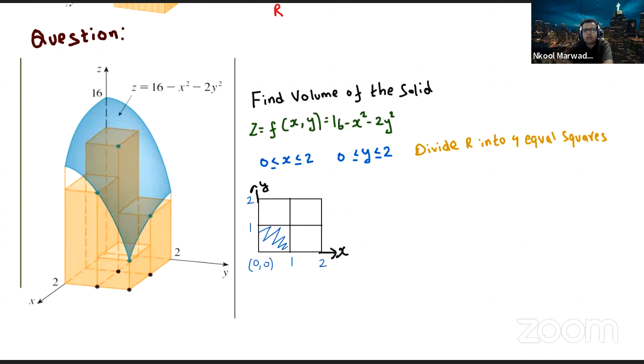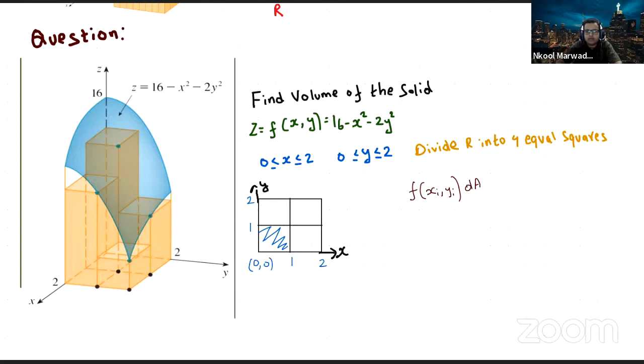Now I know how to calculate the volume. To calculate the volume, I will write f of xi comma yi into dA. What is dA? dA is dx into dy. Small dx, small dy. And double summation.